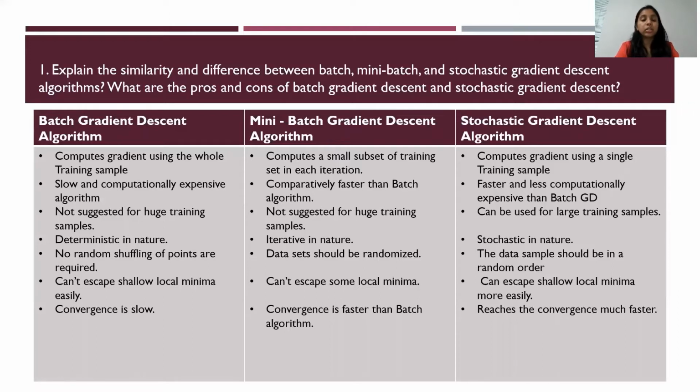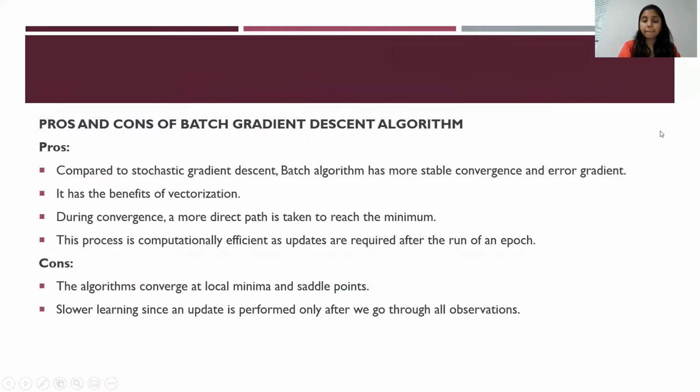So next we'll go to the second part of the question, which is what are the pros and cons of batch gradient descent and stochastic gradient descent. The pros of the batch gradient descent algorithm are: compared to stochastic gradient descent, the batch algorithm has more stable convergence and error gradient. It has many benefits of vectorization.